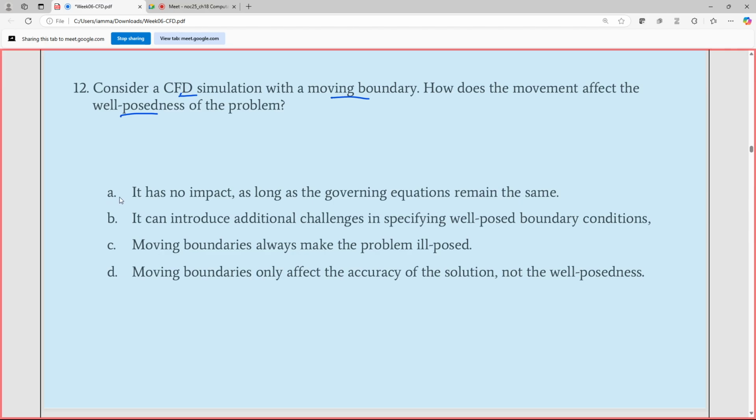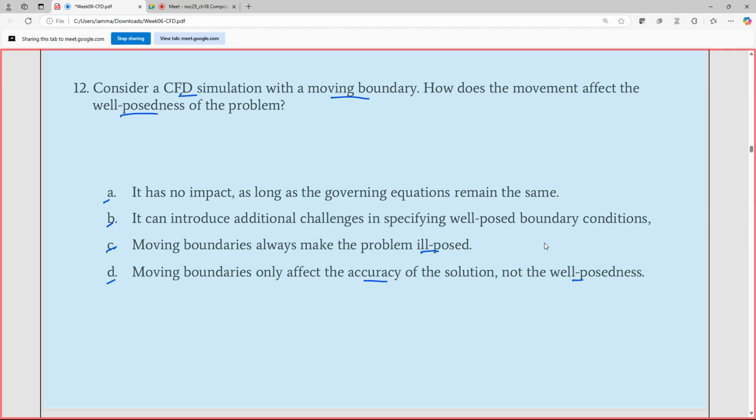Options are option A, it has no impact as long as the governing equations remain the same. Option B, it can introduce additional challenges in specifying well-posed boundary conditions. Option C, moving boundaries always make the problem ill-posed. Option D, moving boundaries only affect the accuracy of the solution and not the well-posedness. You can try to answer the question.